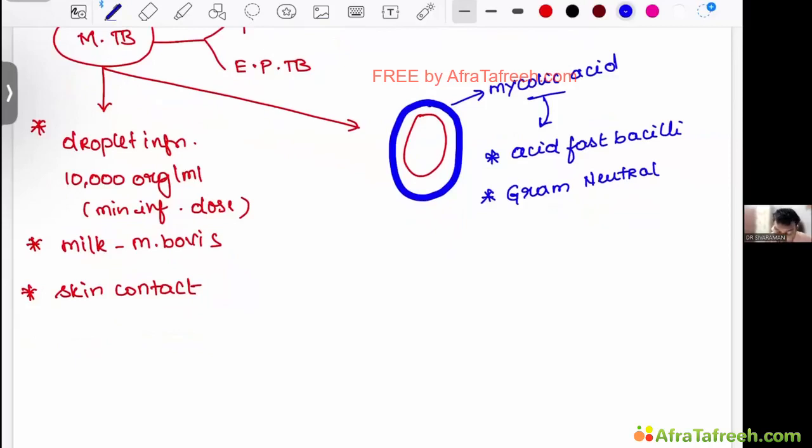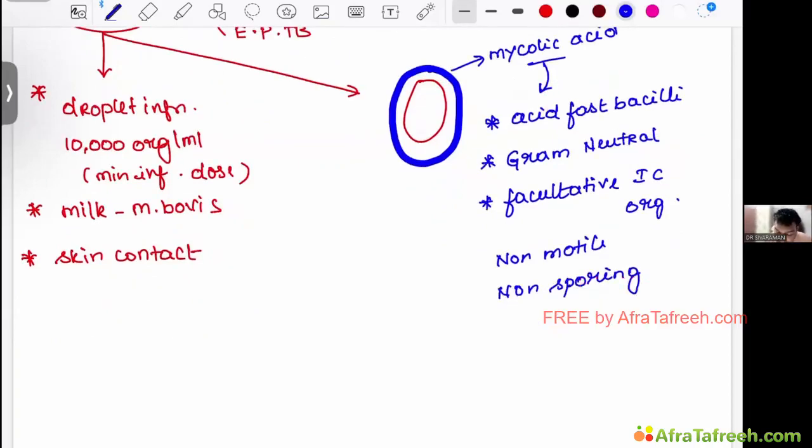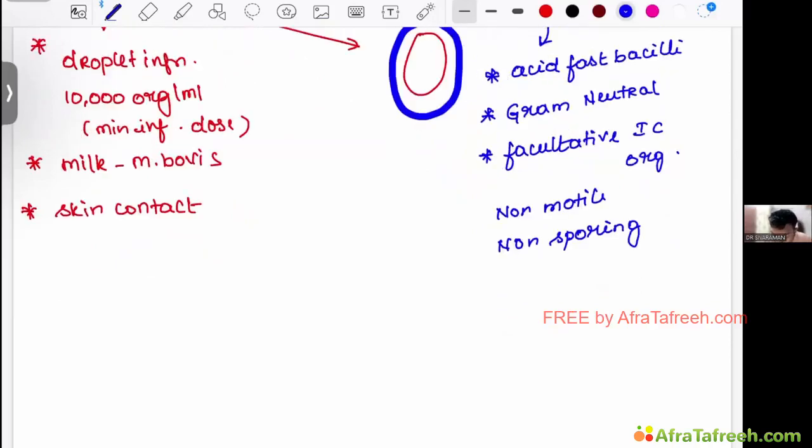It is a facultative intracellular organism, which is non-motile, non-sporing. This bacteria has a slow generation time of 15 to 20 hours.